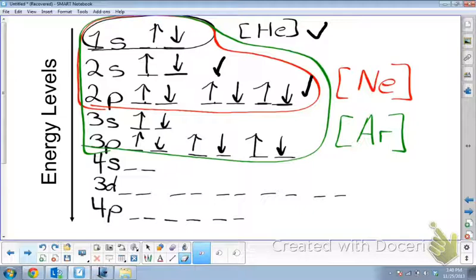So how do we write elements in their electron configuration in relation to noble gases? The first thing we need to do is write out their electron configuration. Here's an example. Let's pull up the element fluorine.